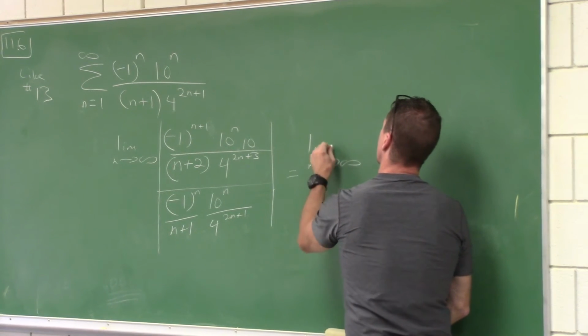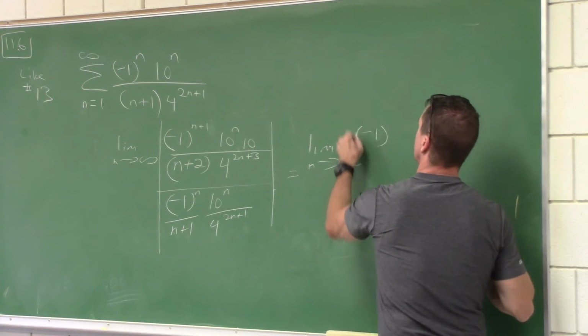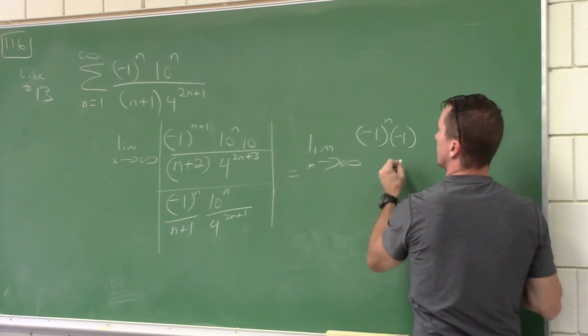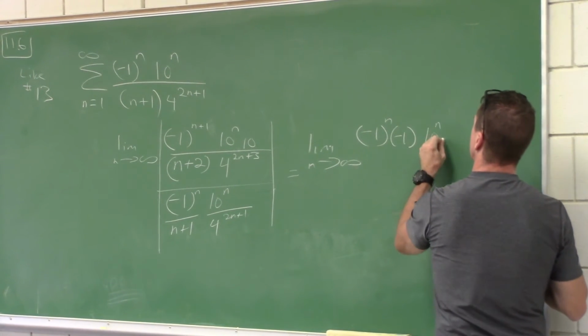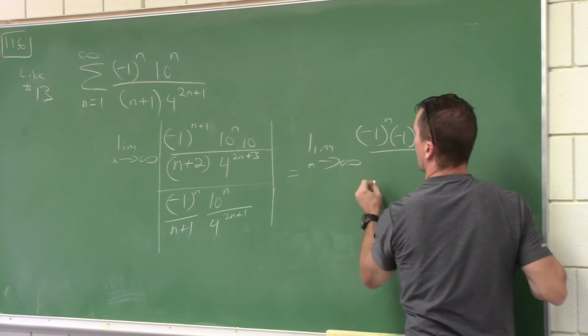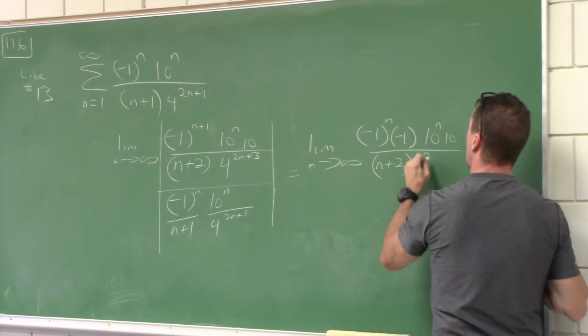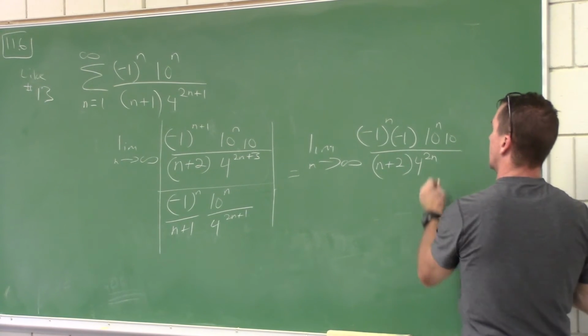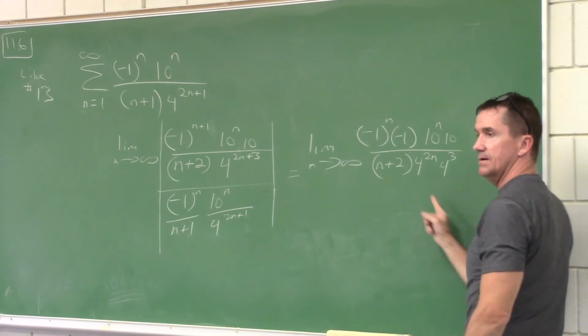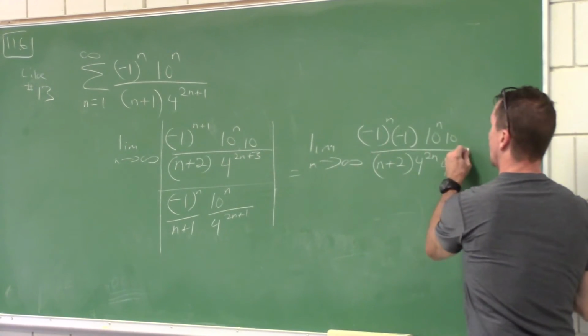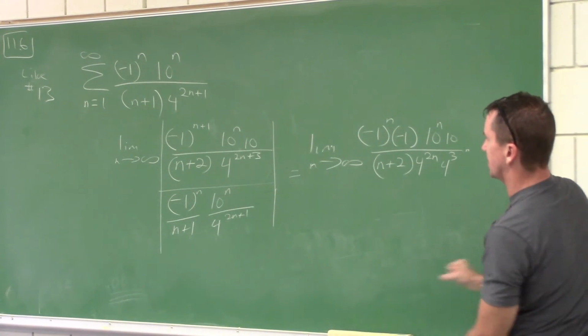All right. Let's see what we got. As n approaches infinity, you got -1 to the n. Can I write this as -1 to the n times -1? Then you got a 10 to the n times a 10, all over n plus 2. This would be 4 to the 2n times 4 to the third, right? Does everyone look how I wrote that? Awesome. Now what goes upstairs, and I'll flip this other thing.